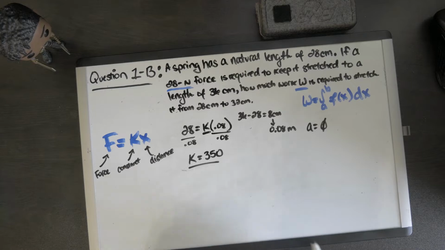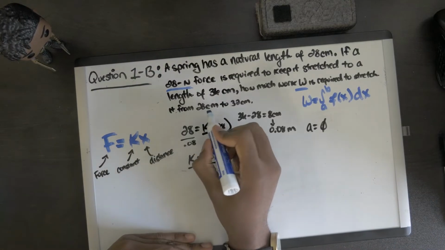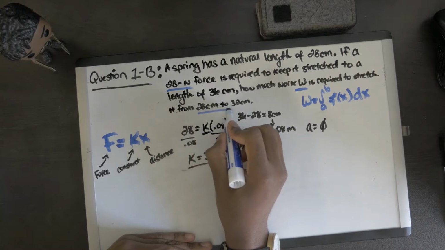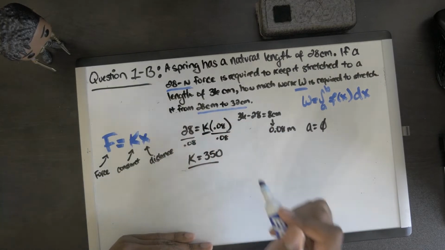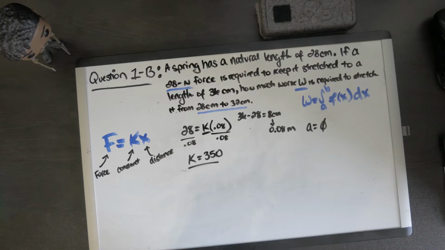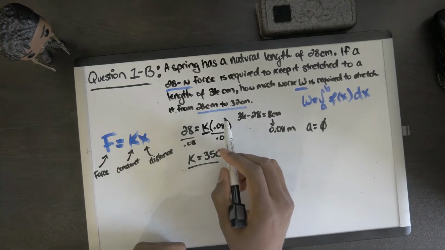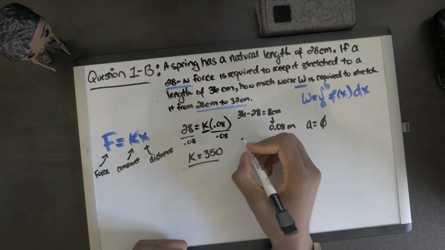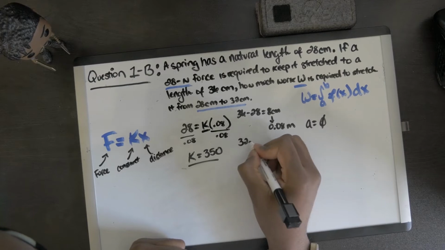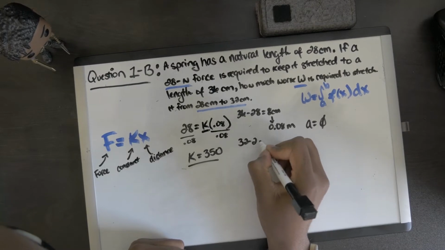But keep in mind, what is B? Well, B is going to be what the end of the question's asking us, which is we're stretching it from 28 centimeters to 32 centimeters. So we're going to find the distance between those two. And just like what we had before, we're going to go ahead and subtract the 28.